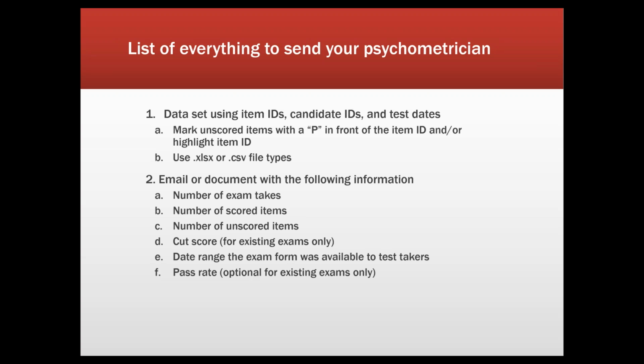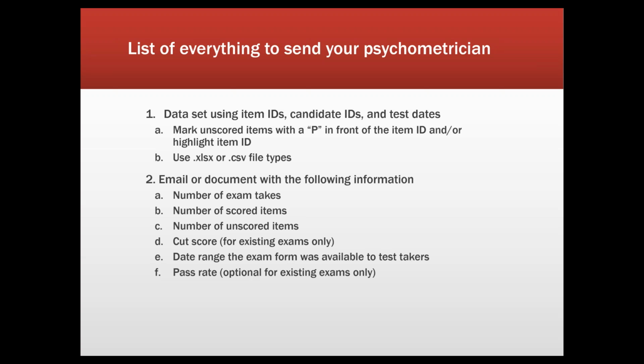Now, what we also need is a document or an email that tells us the following information about the specific form that data is for. Some of this we use for quality check. Some of it we actually need in order to do your statistics, and some of it we need for reporting. So these things are the number of exam takes, the number of scored items, the number of unscored items.